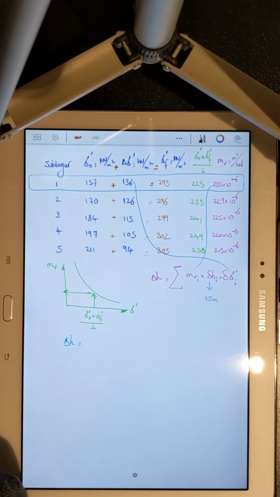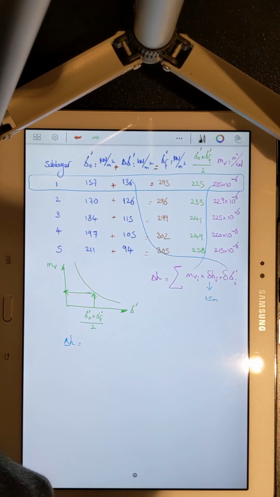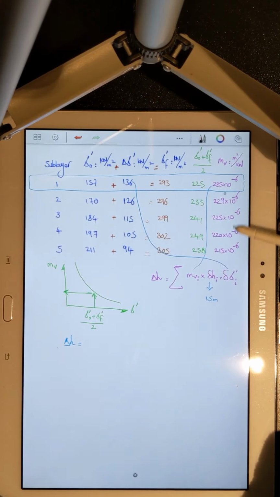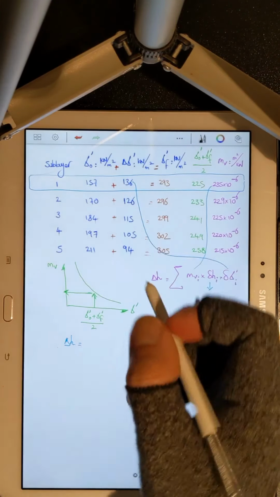The consolidation settlement will be equal to top to bottom, sublayer 1 to sublayer 5.